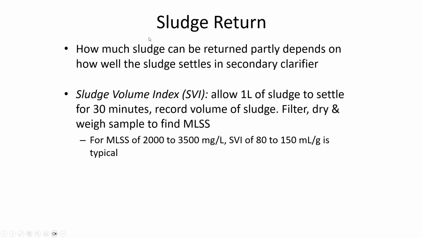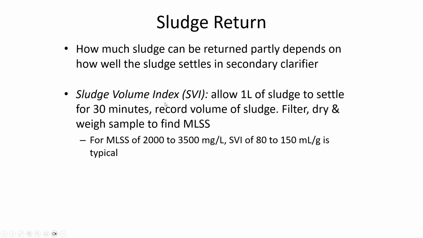When we settle the sludge, how much is going to be available to recirculate partly depends on how well it settles in the secondary clarifier. We talked about a bulking sludge that doesn't settle well. Sometimes we quantify the settling performance through something called the sludge volume index.